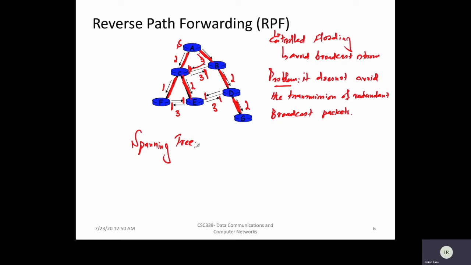Basically, a spanning tree is a tree that contains each and every node in the graph.